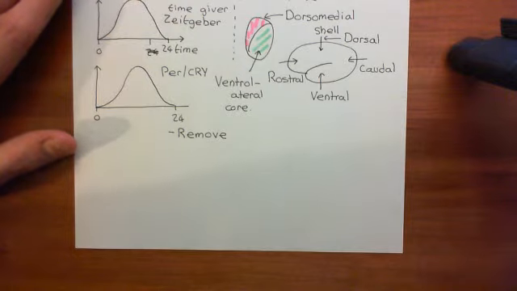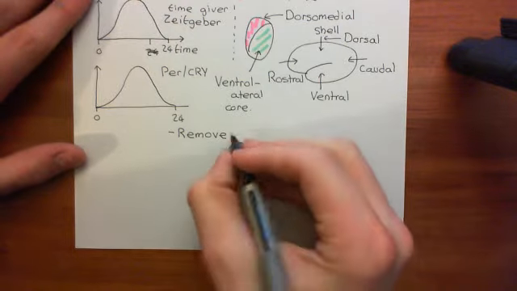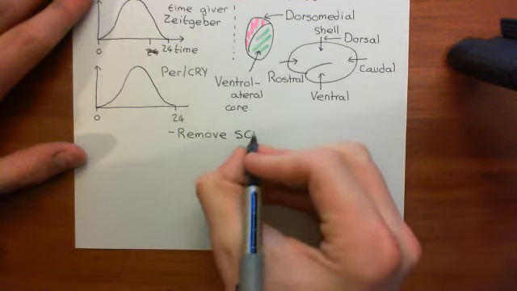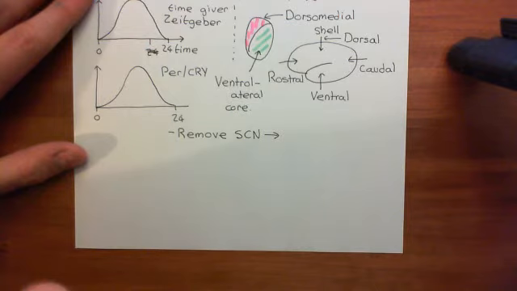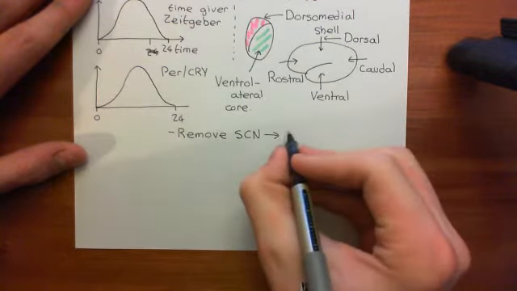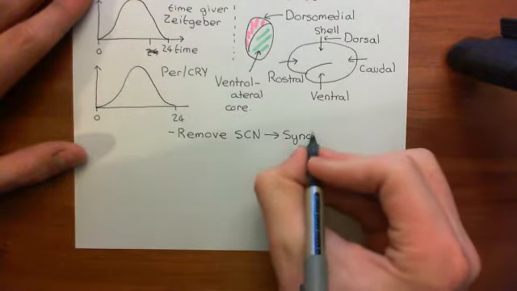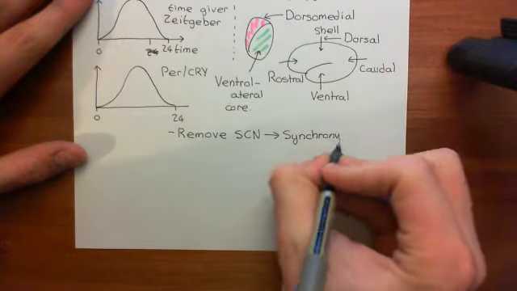They all think it's a different time. Okay, so if you remove the suprachiasmatic nuclei, you lose synchrony. You don't lose the circadian oscillators. All the cells continue having their little circadian oscillators, but they all become out of synchrony, basically. So synchrony is lost if you remove the suprachiasmatic nuclei.